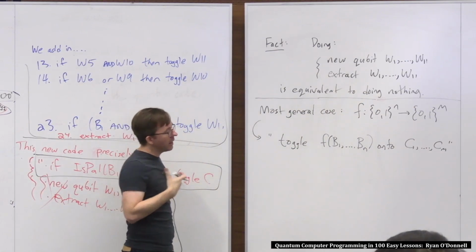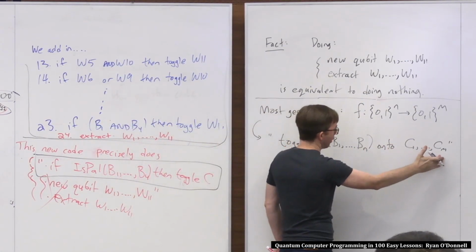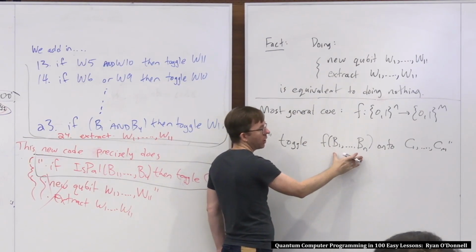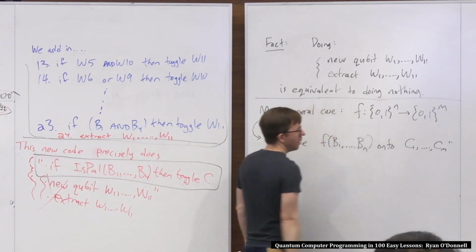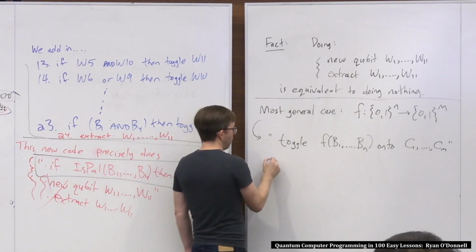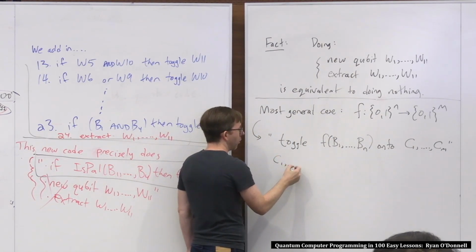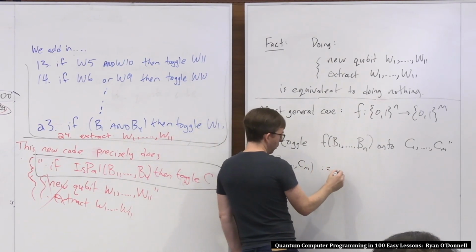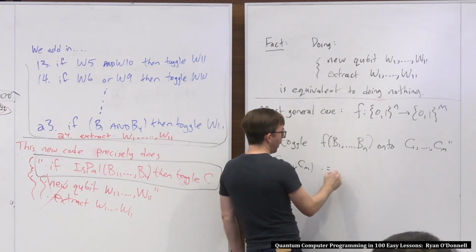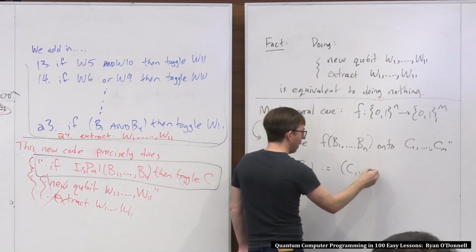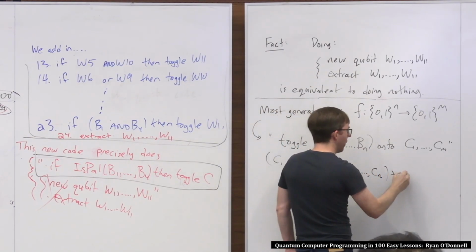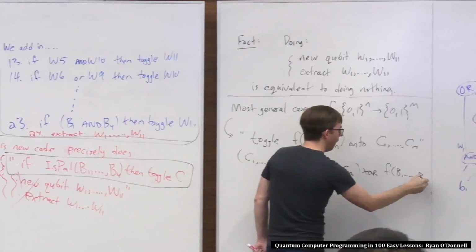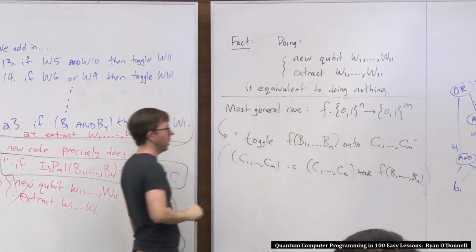But it does have the property that if C1 through Cm happen to be all zeros, and then you do this instruction, the result is that B1 through Bn don't change, and the answer is written onto the Cs. Maybe another computer sciencey way to write this would be C1 through Cm gets XORed with the answer. I wrote this wrong on Piazza because I had a typo. Classically, you want to XOR this with the answer. That's kind of what you're doing here.